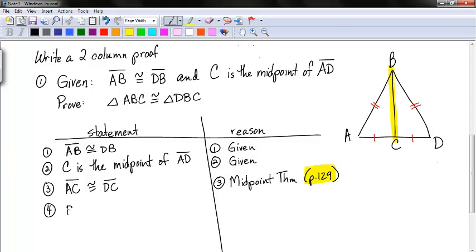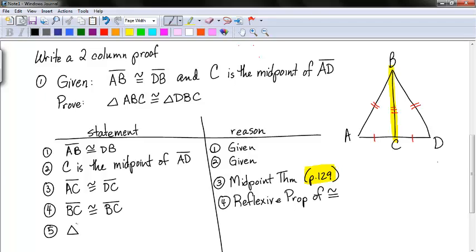So BC is congruent to itself. BC is congruent to BC. There are different reflexive properties, and this one is actually the reflexive property of congruence. And just use the congruent symbol. Now we have all three sides congruent.